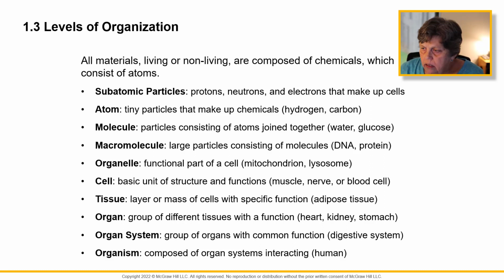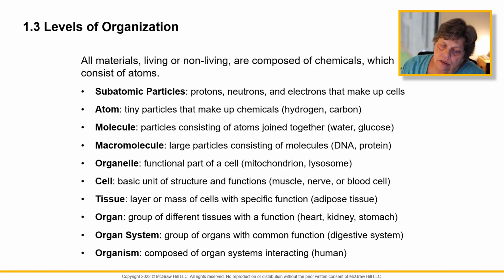We'll be looking at the molecules when you start to put these atoms together, and then you get bigger molecules, macromolecules, and we'll talk about the different macromolecules that are important for the body, like the carbohydrates and the lipids and the proteins. And then we'll start looking at the cell itself. That's our chapter number 3, where you're looking at the basic structure of the cell and the organelles within it that allow that cell to function the way it should.